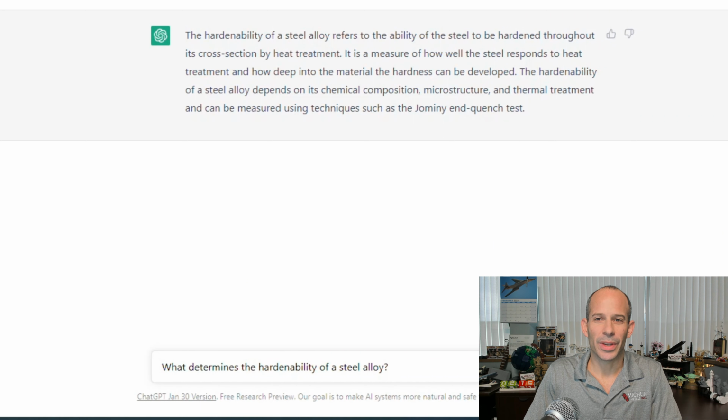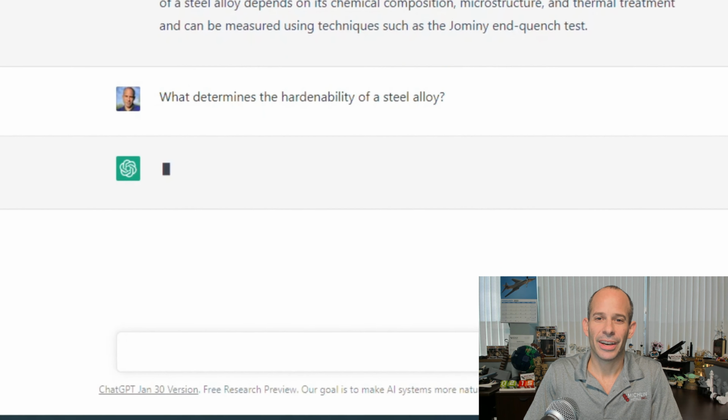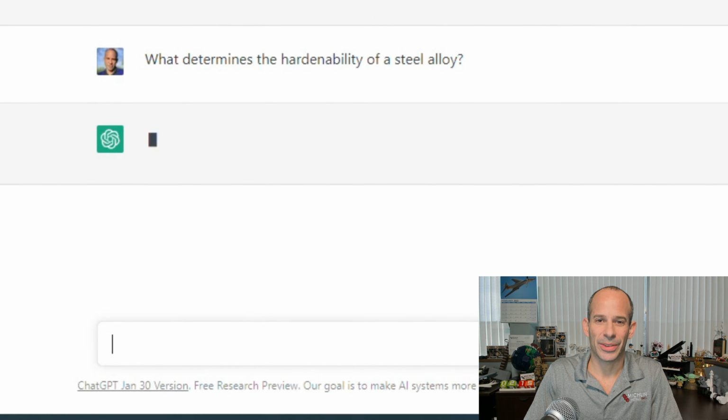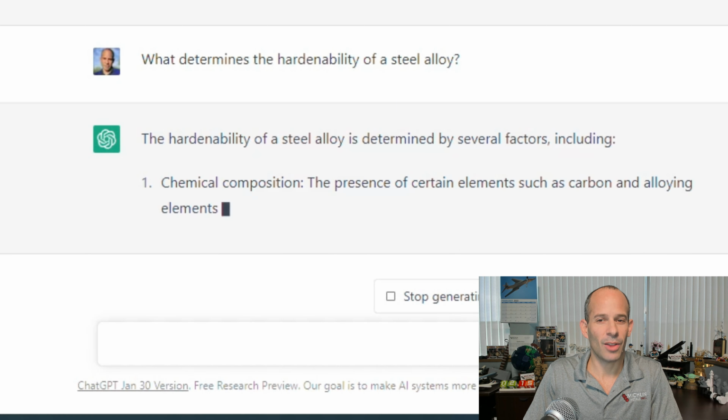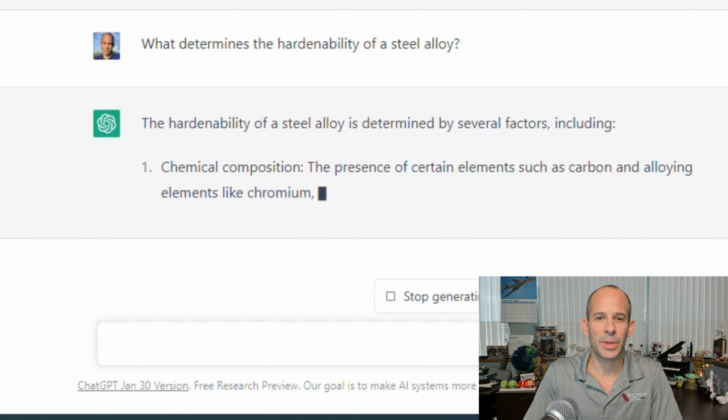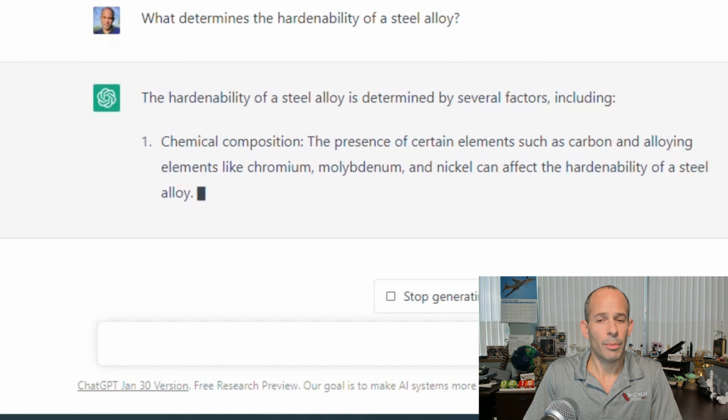What determines the hardenability of a steel alloy? ChatGPT response. The hardenability of a steel alloy is determined by several factors, including chemical composition. The presence of certain elements such as carbon and alloying elements like chromium, molybdenum, and nickel can affect the hardenability of a steel alloy. Microstructure.